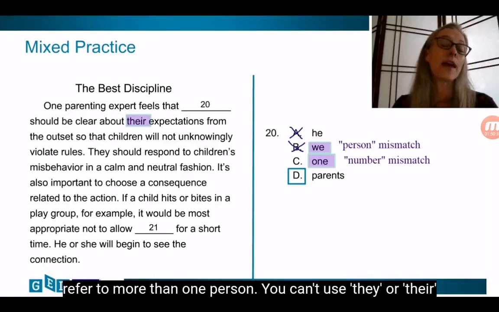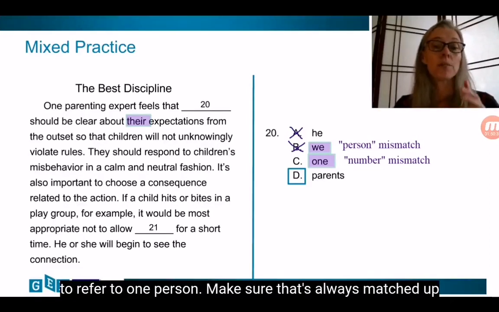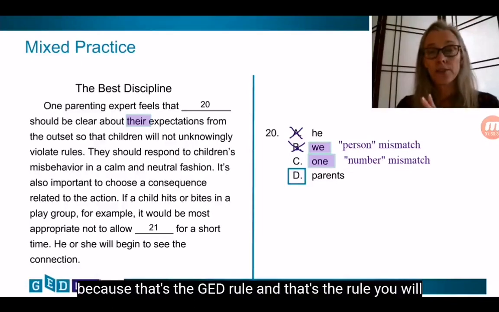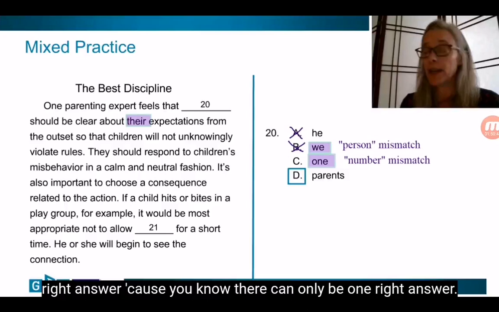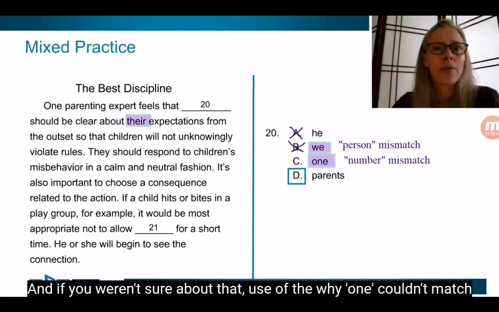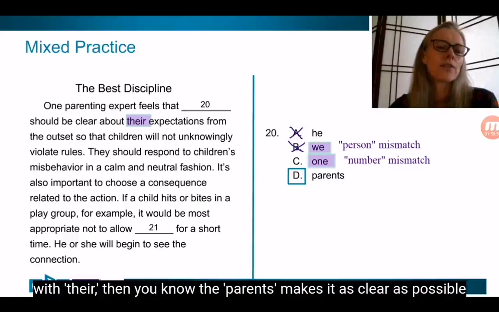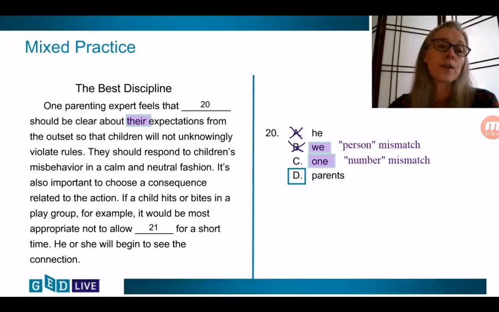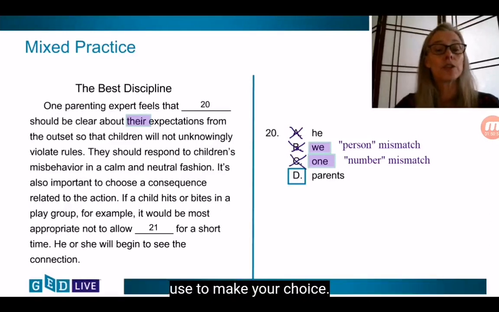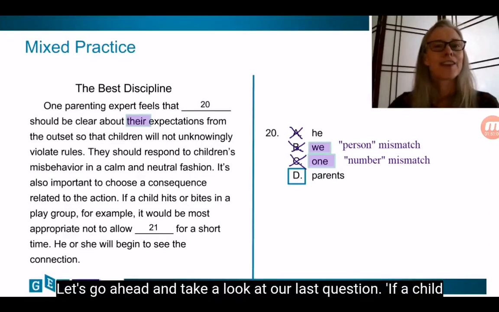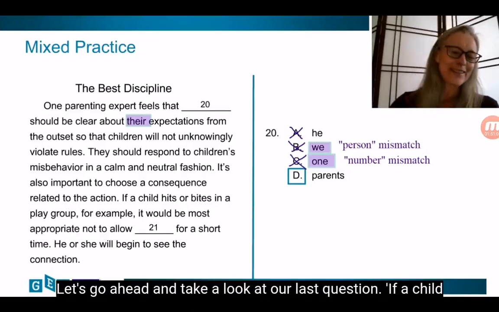You can't use "they" or "their" to refer to one person. Make sure that's always matched up, because that's the GED rule, and that's the rule that you'll be using on the test. Right? And that ensures that there's only one right answer, because you know there can only be one right answer. And if you weren't sure about why "one" couldn't match with "their," then you know "parents" makes it as clear as possible. Right? And so that can also be a criterion that you use to make your choice. Let's go ahead and take a look at our last question.